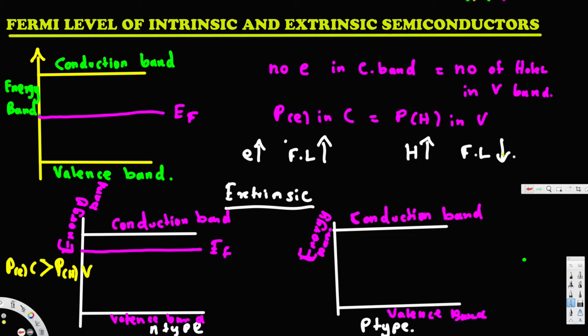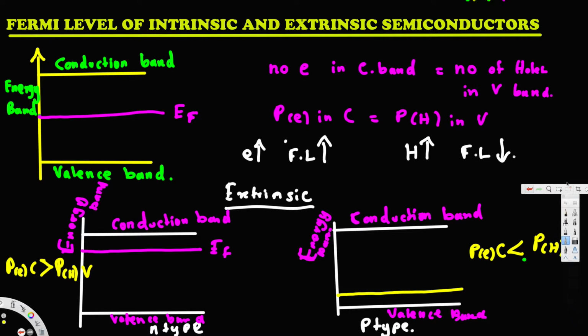When the holes are high, the Fermi level goes down. So we are going to have the Fermi level somewhere right here for P-type. In other words, the probability of finding an electron in the conduction band is lower than the probability of finding holes in the valence band. So these are the basic comparisons we can make for intrinsic and extrinsic semiconductors by Fermi levels.